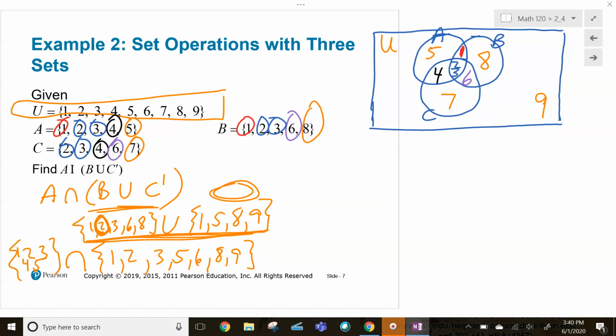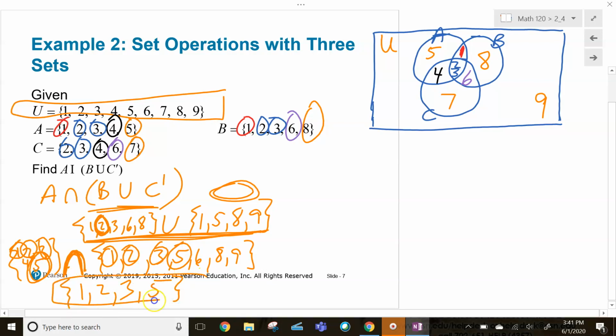So I'm going to take the intersection and it's got to be on both. 1's in both, so 1's in. 2's in both, 2's in. 3's in both, 3's in. 4's only on the left side, 5's in both. So it looks like 1, 2, 3, and 5.